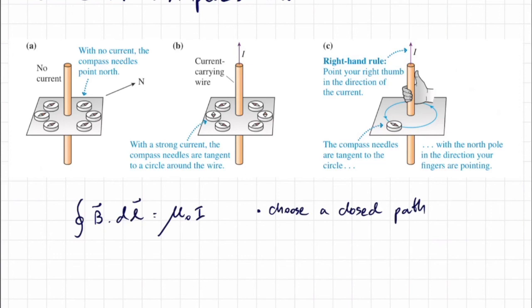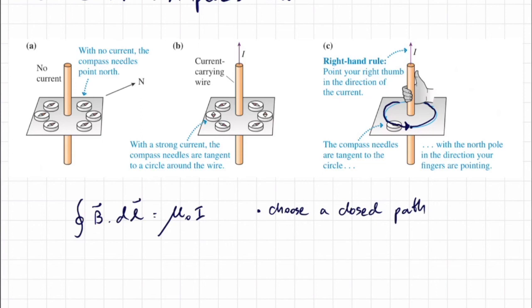It has to be a closed path, and this is the reason why we have this small circular symbol in the integral sign, to indicate that we are integrating along this closed path. For example, look at this situation here. The path we choose can be a circular path which goes around the wire and ends up where we started. So it's a circular path, which is closed by definition.